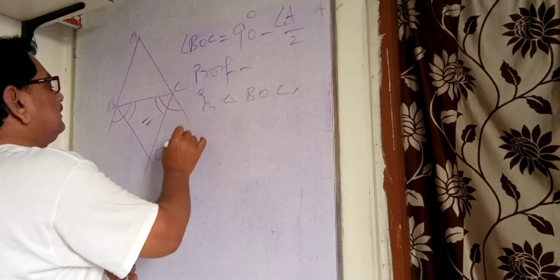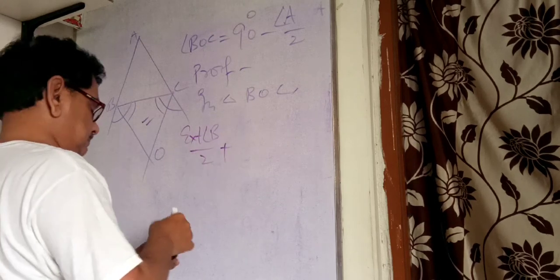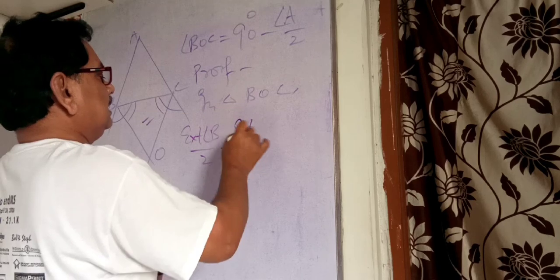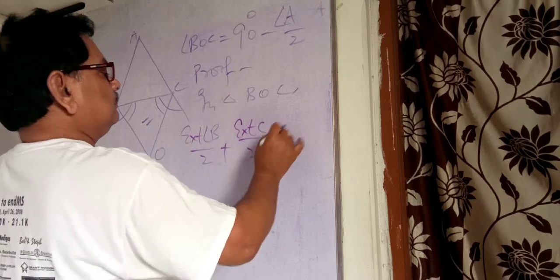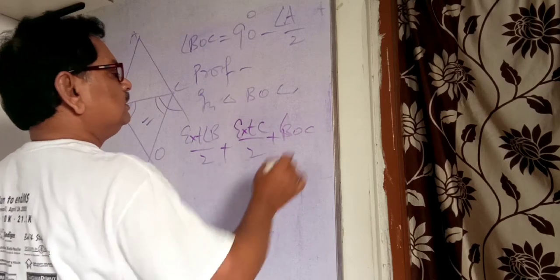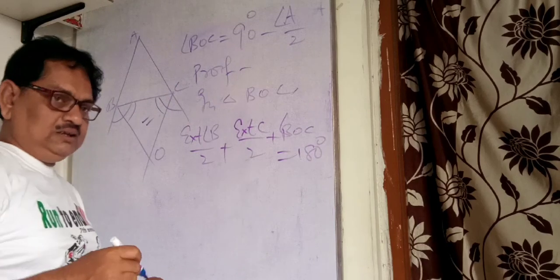So we will write exterior angle B by 2 plus exterior angle C by 2 plus BOC equal to 180 degrees, the angle sum of the triangle.